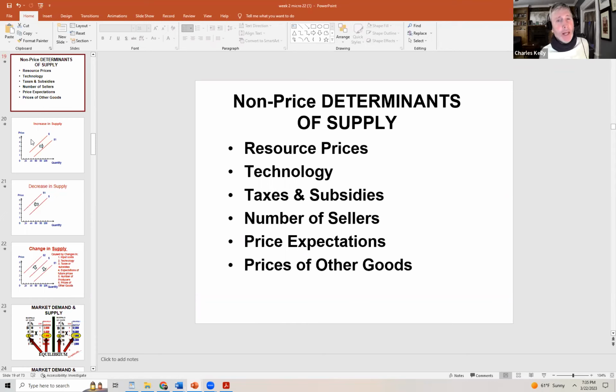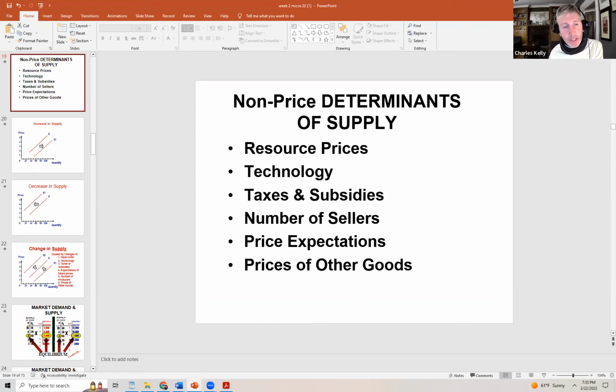Or I could say, well, I think the price of corn is going up, so I'm going to plant more corn and less soy, right? So if a manufacturer can quickly and efficiently switch between two different types of manufacturing, then sometimes the price of other goods will impact the supply. But generally speaking, we're most concerned with the top four here, right?